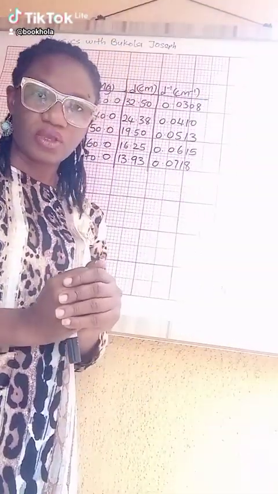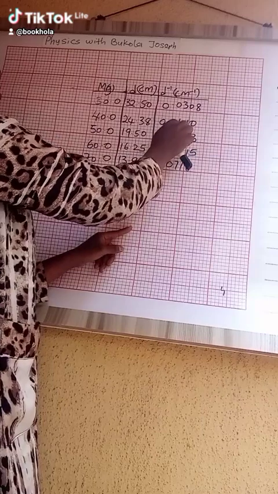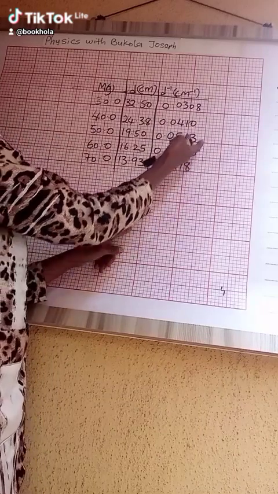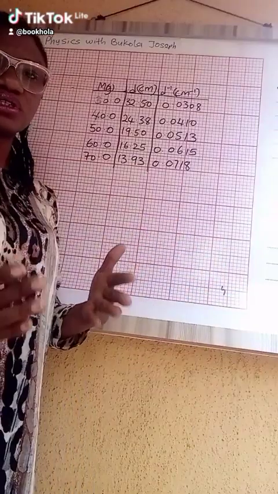I hope you know the difference between significant figures and decimal places. So this is an evaluation, and that's why you are seeing four decimal places, three significant figures. Now we want to talk about the graphing.